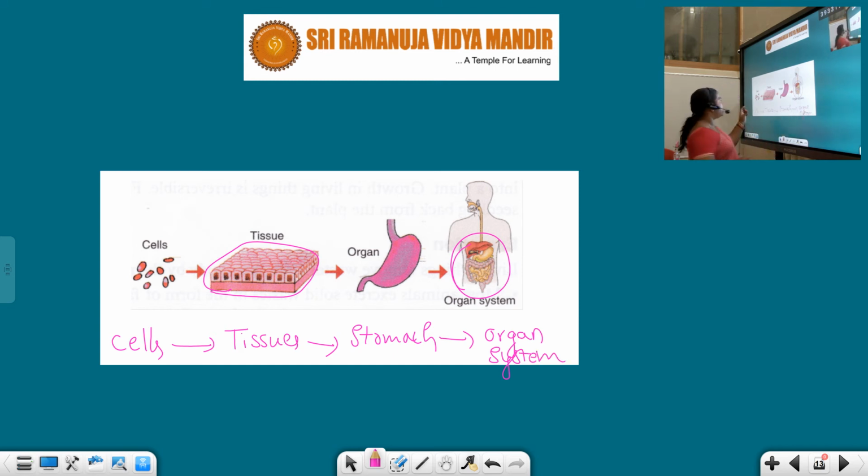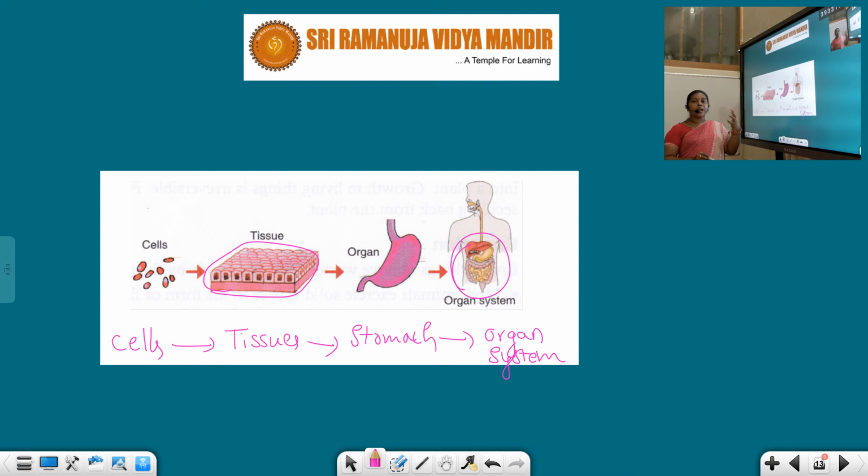For example, let us assume these cells may be of the stomach. Individually, it is showing the different fundamental units known as cells. These cells combine to form a group of cells known as tissue. They were specially assigned for the process of digestion.